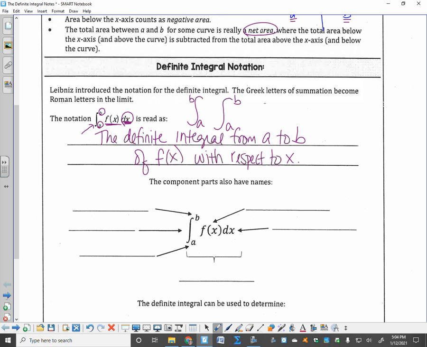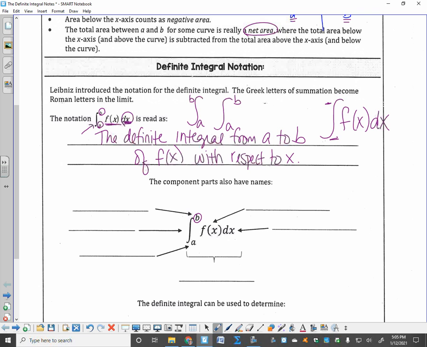It's a definite integral because it has the a and b. If you had an integral that looked like just the integral of f of x dx, it is not a definite integral because it doesn't have definite bounds. A definite integral has from here to here.